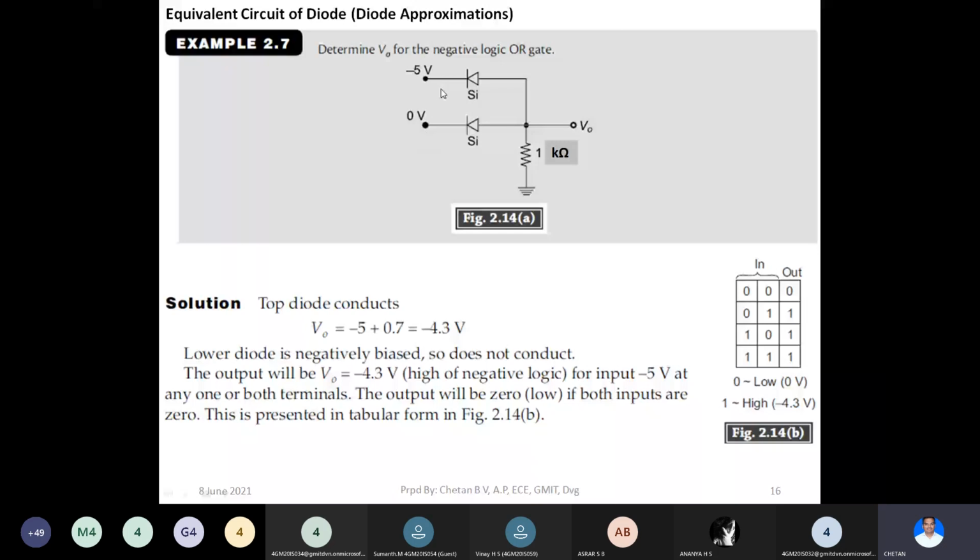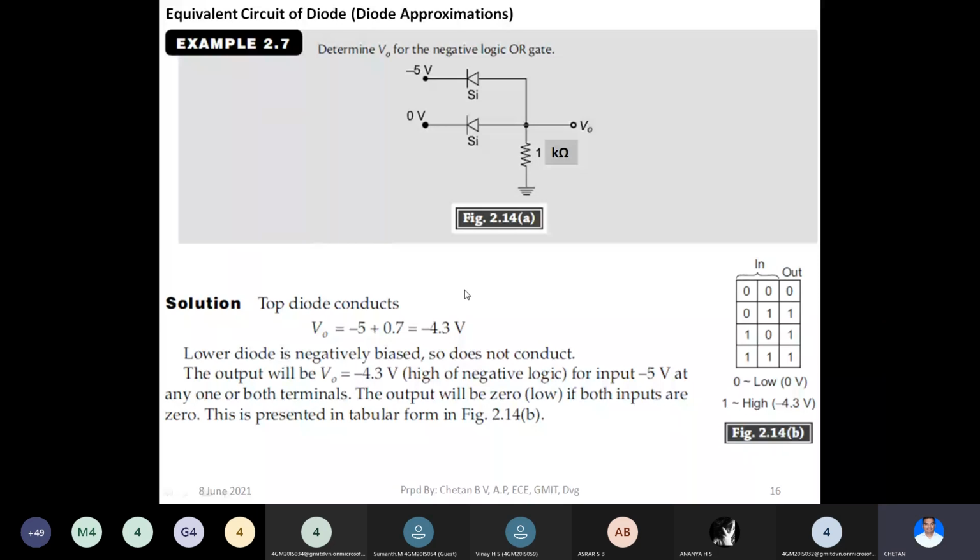Hence, when you connect both diodes with minus 5, both diodes would be forward biased, and current would flow in the same direction, and you get the same V naught value of minus 4.3 volt, right? And hence this table indicates the operation of the OR gate. You can successfully map this table with the behavior of this circuit for different values of inputs for these two diodes. Hence this realizes a negative logic OR gate.